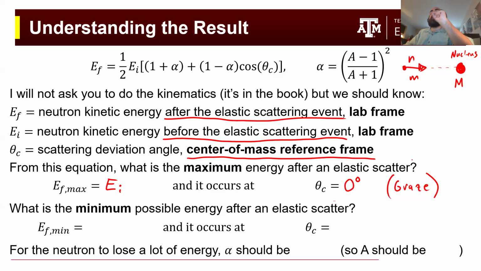And the most possible that I could deviate is, if I was coming in at 0 degrees, the way that I would lose the most energy is if my final direction was in the exact opposite direction, which would correspond to theta equals 180 degrees. So that would correspond to a backscatter.